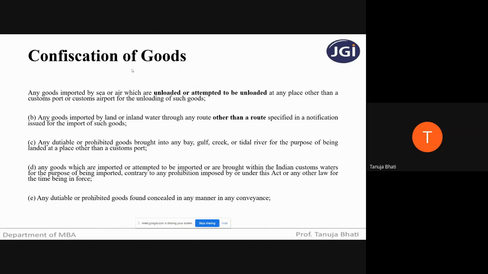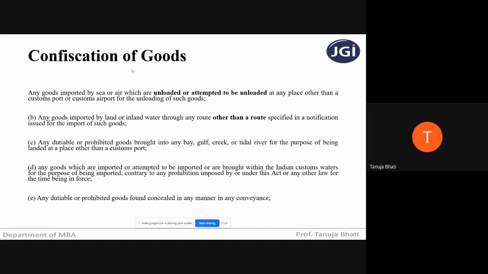If they are not mentioned in the import manifest and they are there in the conveyance, then the goods will be liable for confiscation. Another reason can be any dutiable or prohibited goods which are unloaded or attempted to be unloaded without the permission or without the supervision of the customs officer. Then also confiscation of goods can take place.